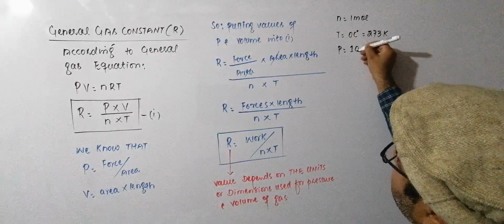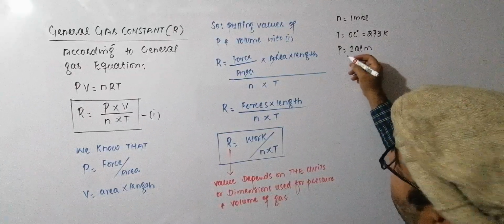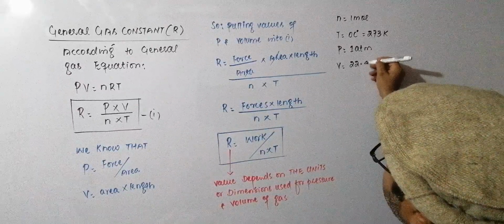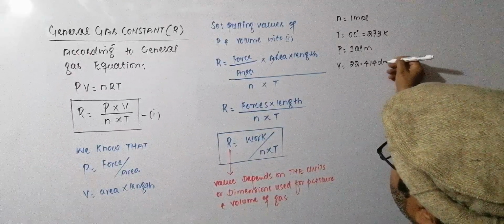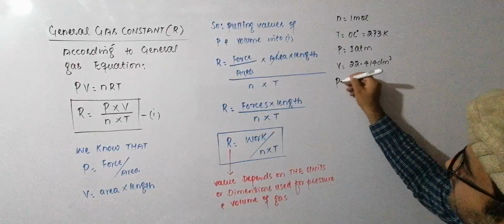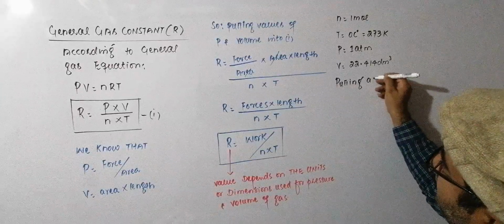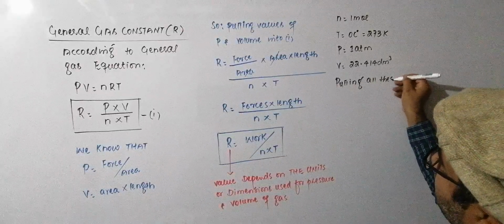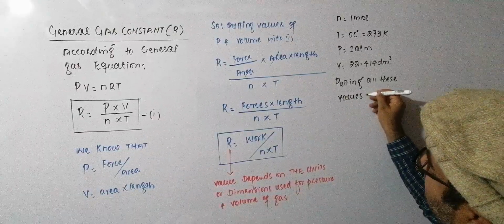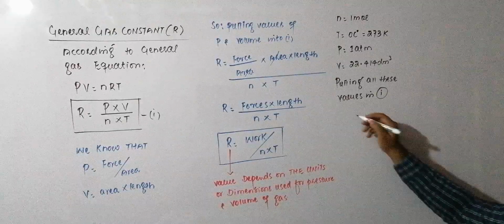Pressure is 1 atmosphere and volume is the molar volume. Now let us put all these values in 1.